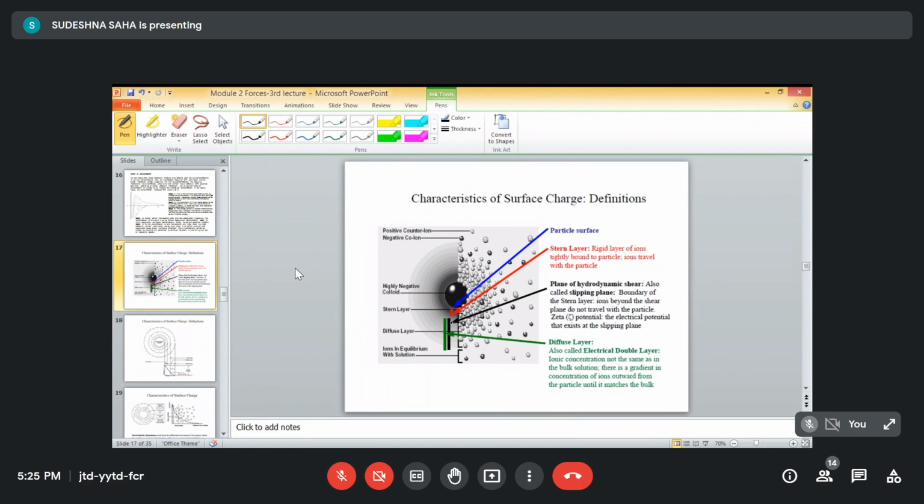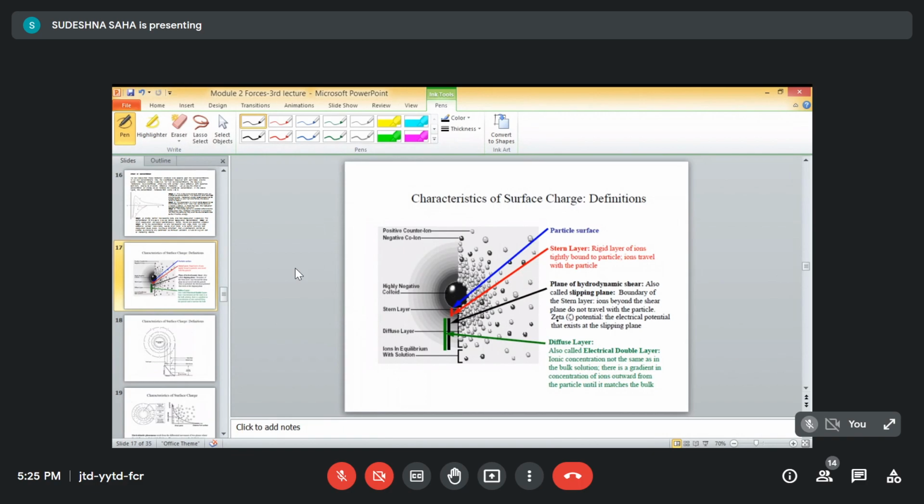Now there is this slipping plane over here. This plane is basically the plane of hydrodynamic shear, where the ions don't move with the particle at all.